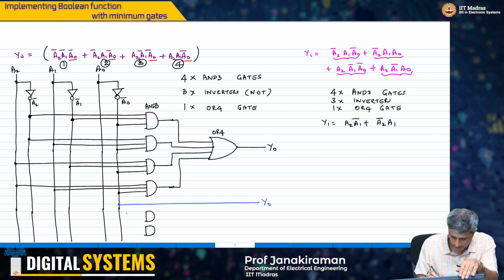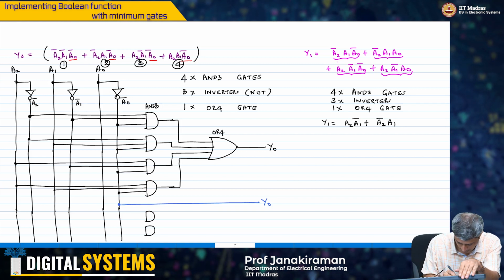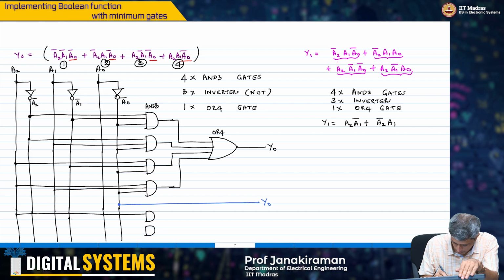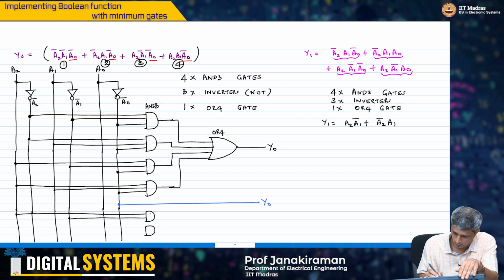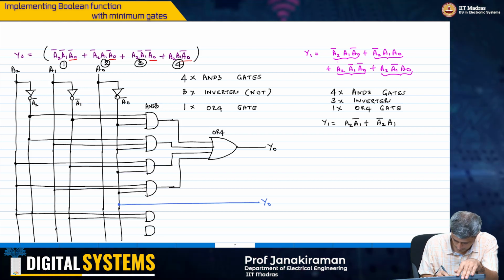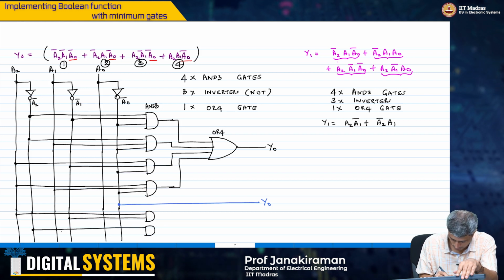So the first minterm is with A2 and A1 bar, and the second is with A2 bar and A1.